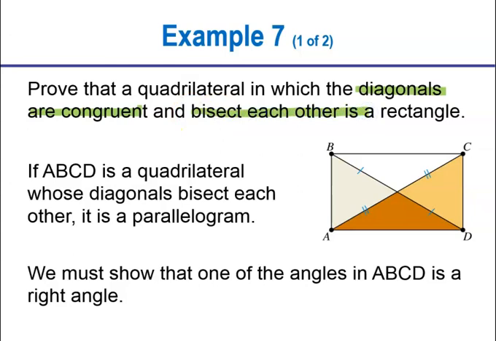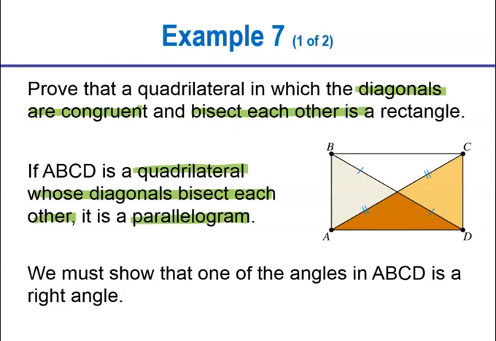So we know that the diagonals are congruent and they bisect each other. If you look at your properties of parallelograms, you will see right off the bat it's a parallelogram. So we've proven that we have a parallelogram.